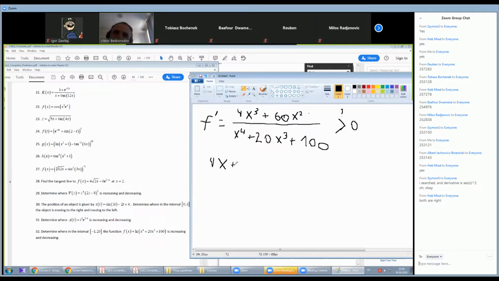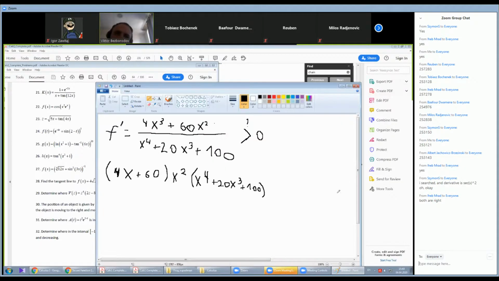Okay, and then I will immediately write the numerator in this form, right? So this is 4, and I put x squared outside, right? And then I just also multiply by the denominator, x fourth, and this should be larger than 0, right? Okay.